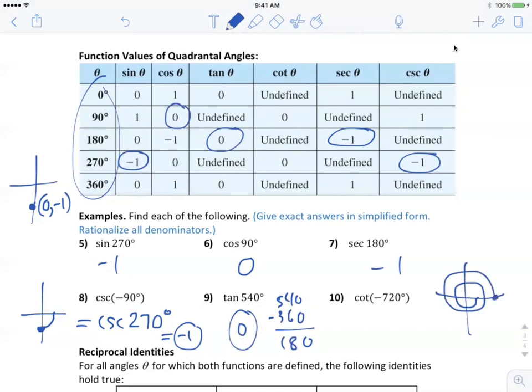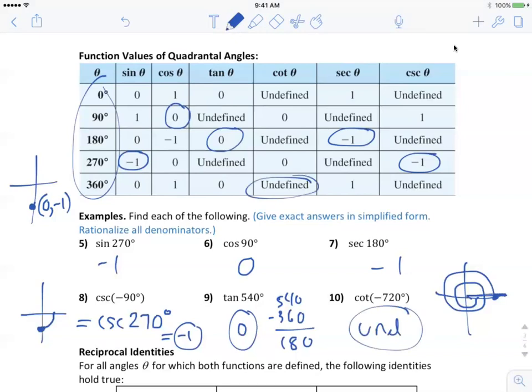So it's on that positive x-axis, which is 0 or 360, whatever you want to call it. So let's just look at it as a 360 cotangent right there. There's one that would be undefined. So that table will help out with those quadrantal questions.